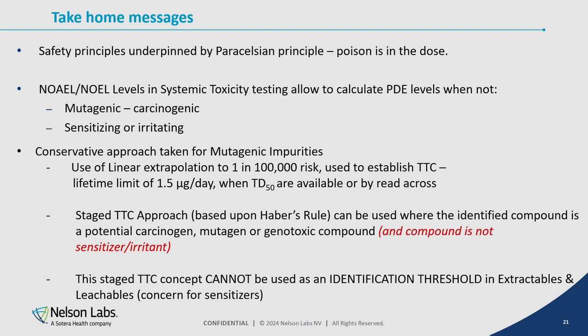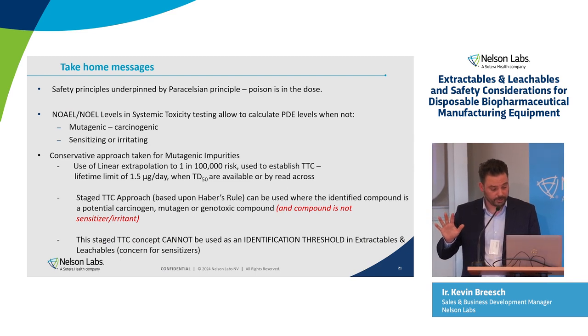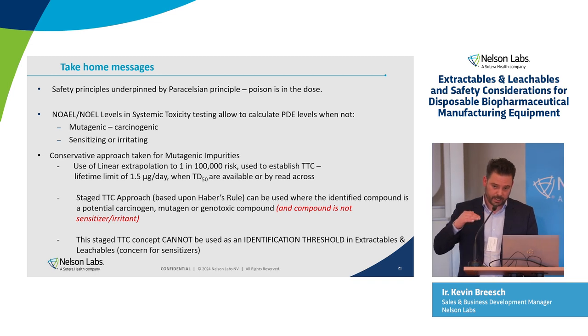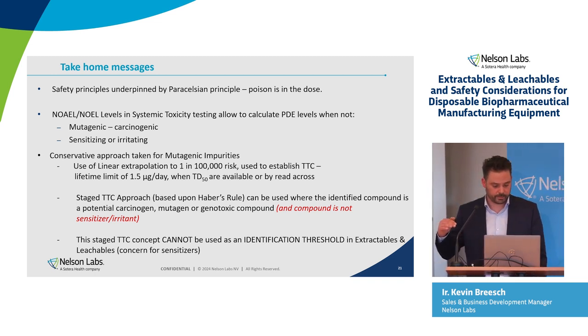You can perhaps find TD50 values and do a linear extrapolation, which shows that you came up with a higher tolerable intake. Or you can take the staged TTC going up to 120 micrograms a day, but that's only for mutagenicity. So that staged TTC you cannot use as an identification threshold. Keep that at your 1.5 micrograms a day.